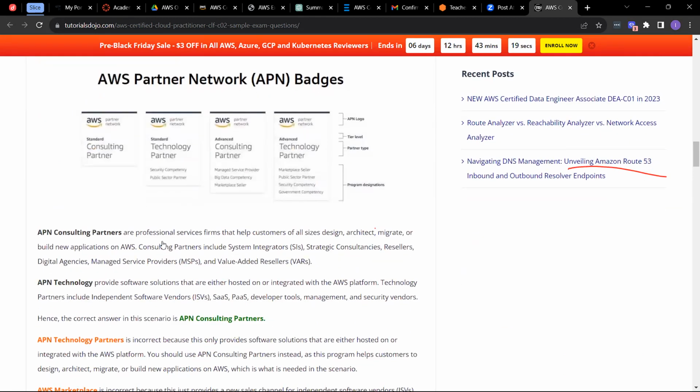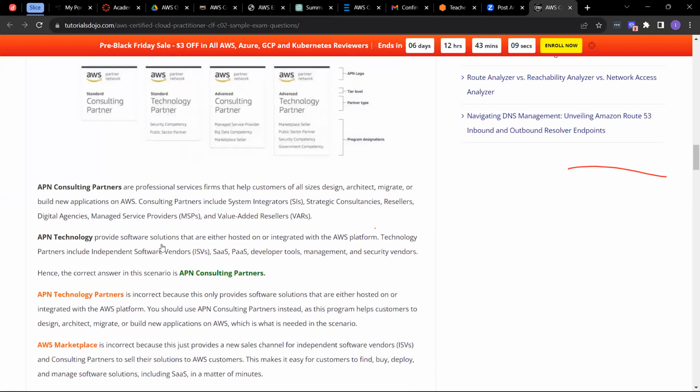The consulting partners are professional services firms that help customers of all sizes design, architect, migrate. And then technology partners provide software solutions. So I think they made it more specific at the end.